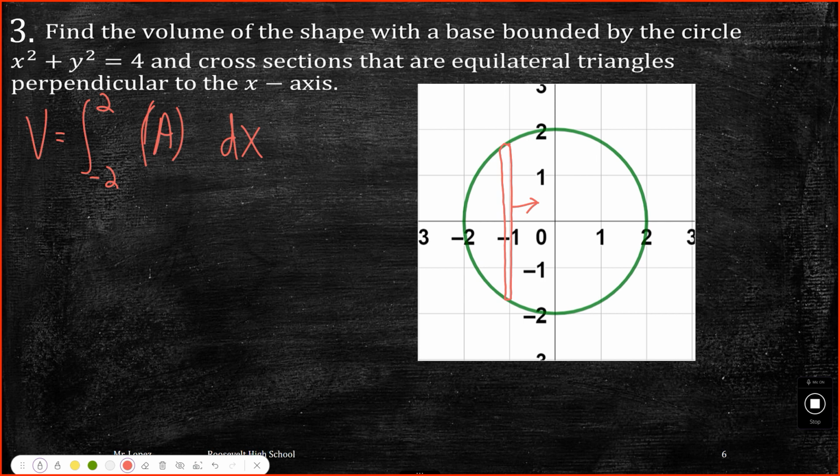Yeah, those are the squares. What's the area of an equilateral triangle? Square root of 3 over 4 s squared?